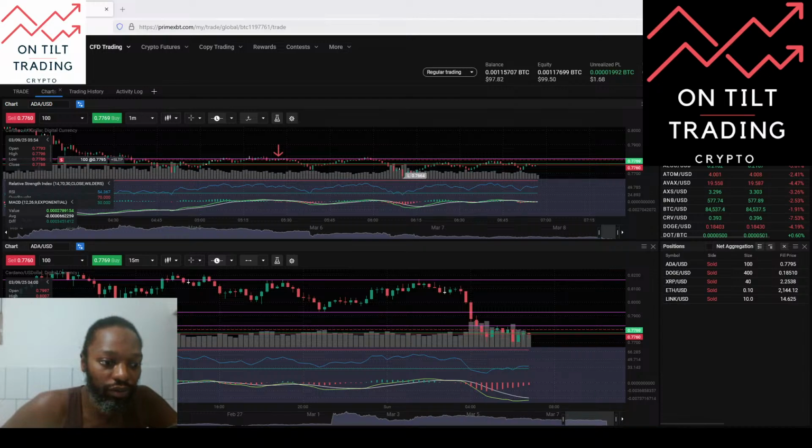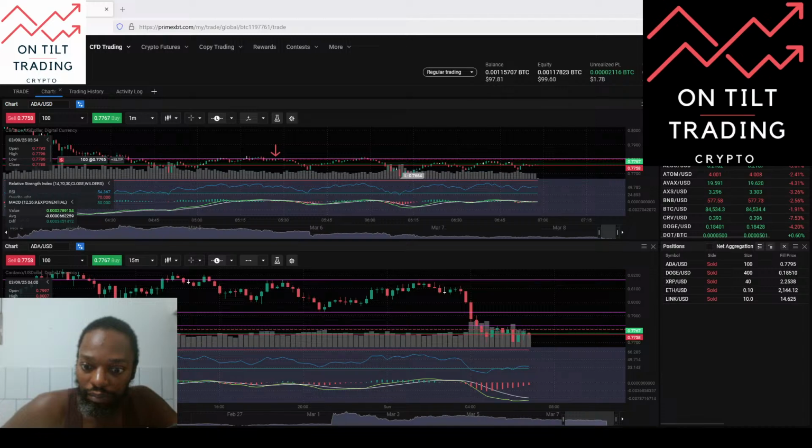We can see here on the MACD, we have some large bars here, so we know that there's a lot of participants taking place in this sell-off. The MACD here still hasn't crossed over the average, so we're not back into an uptrend yet. So we'll keep an eye on this and see how it goes.